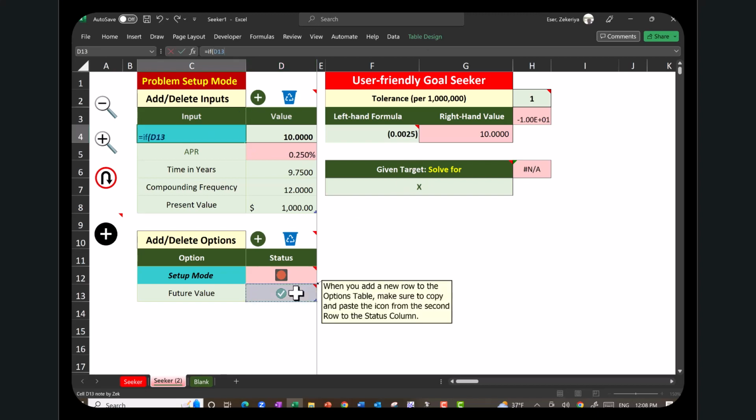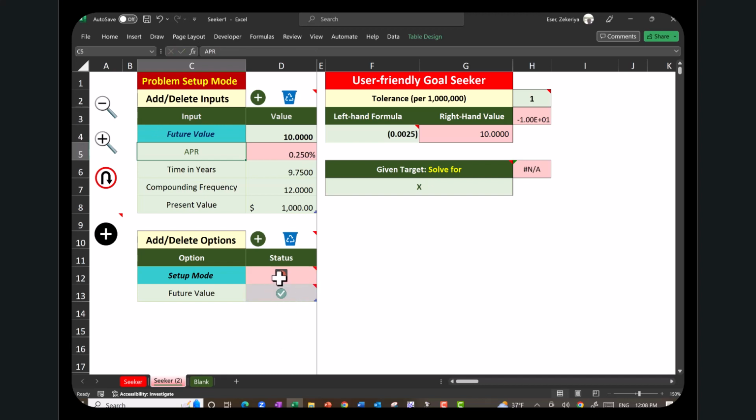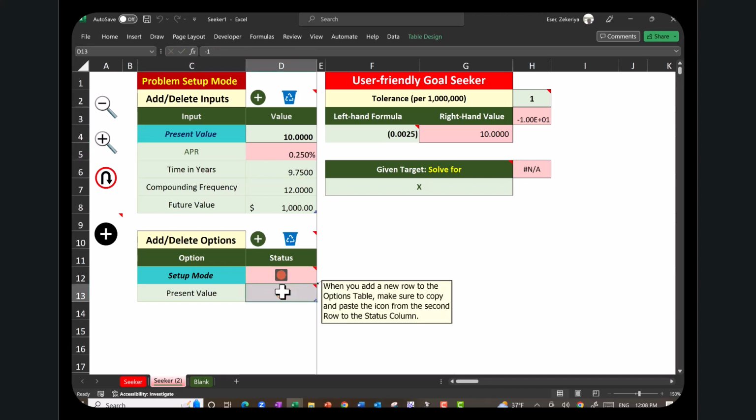If this is equal to 1, it's going to be future value, otherwise present value. Okay. So in this case, my input is future, my output is present. So I'm doing this kind of thing. Now my input is present, my output is future.